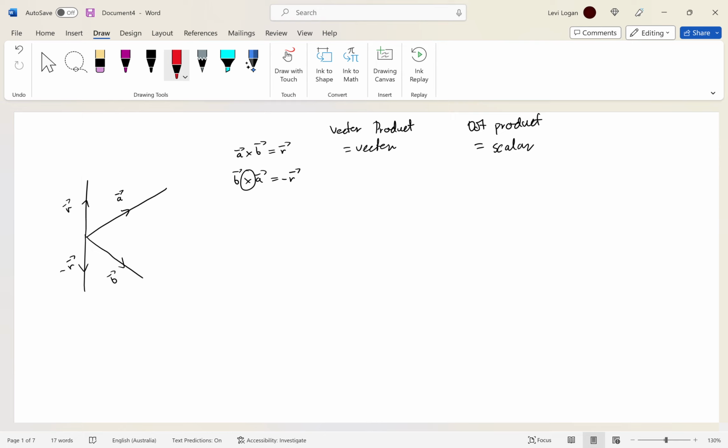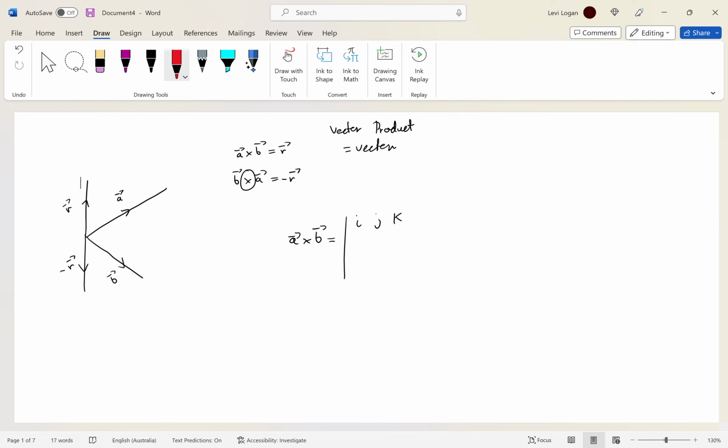Now, how do you actually find the vector product? We start by writing vector A cross vector B, and what we do is find the determinant of a 3 by 3 matrix. Since we're dealing with vectors, the top row has the vector components in the x, y, and z direction respectively.